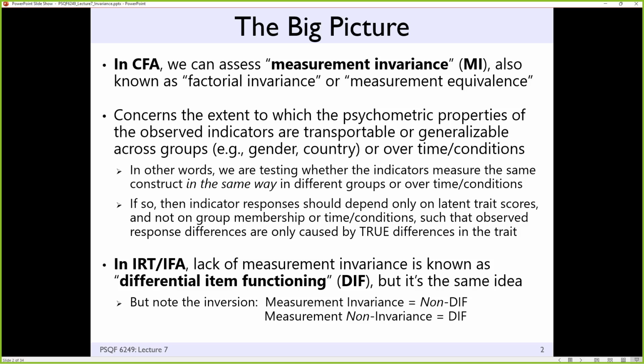In that case, it could also happen as a consequence of just normal development. So if you think about, say, an indicator of child misbehavior or child behavior problems, one of the items on such a scale might be, how often does your child bite other children? If your child is 2, that means something very different than if your child is 20.